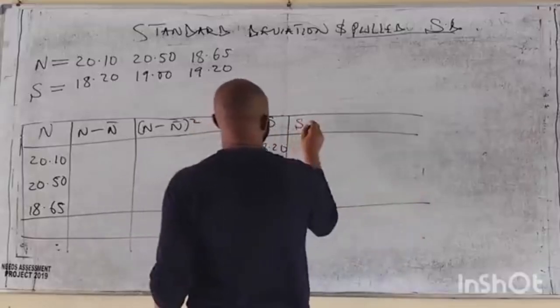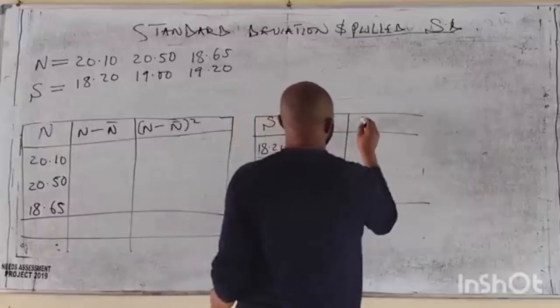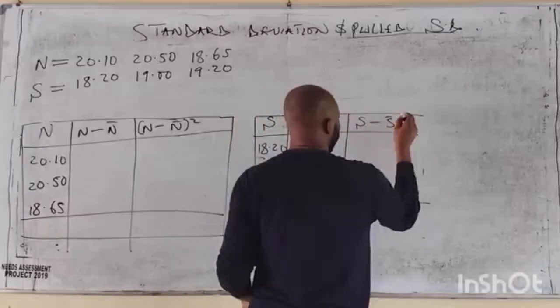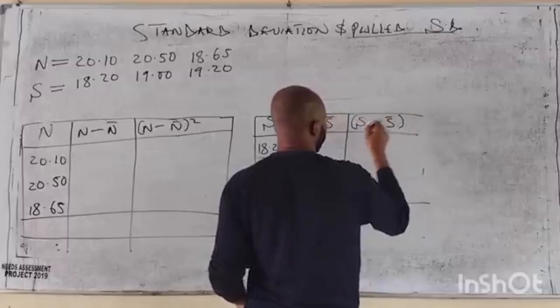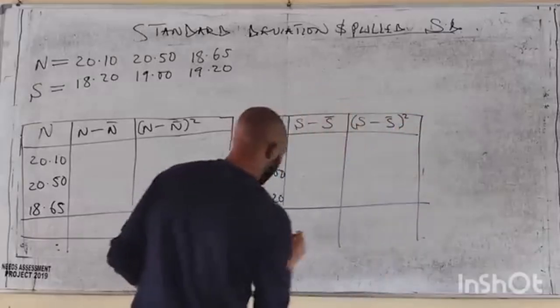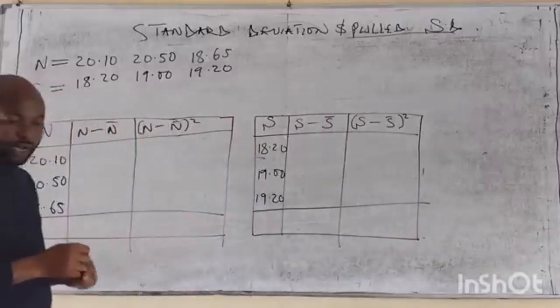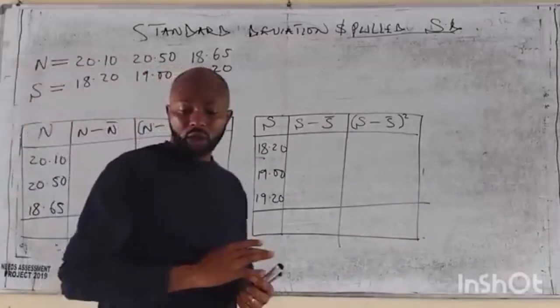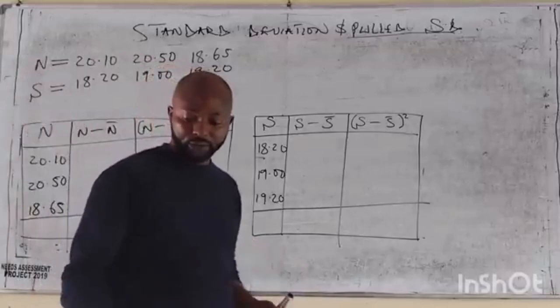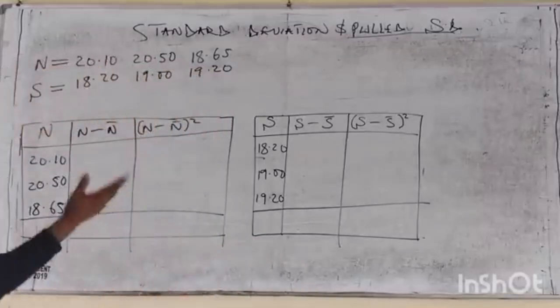We have x minus x bar, which is the mean, and x minus x bar squared. Quickly, let's run down. This one has two sets of data, unlike the other one that had three.